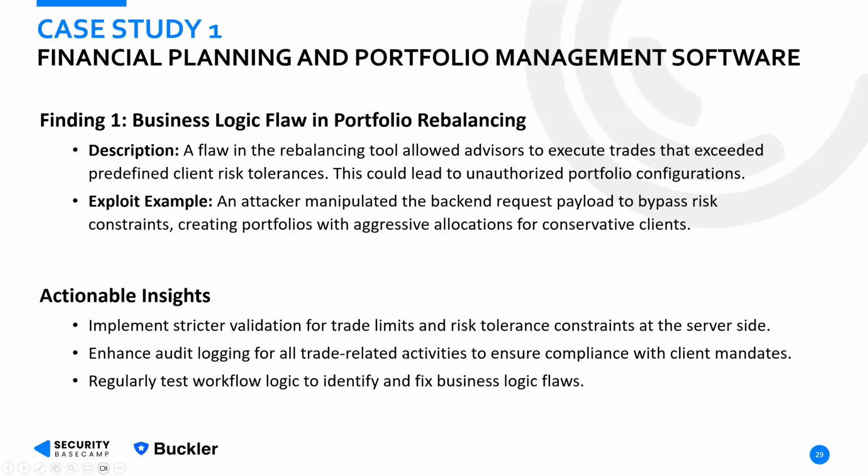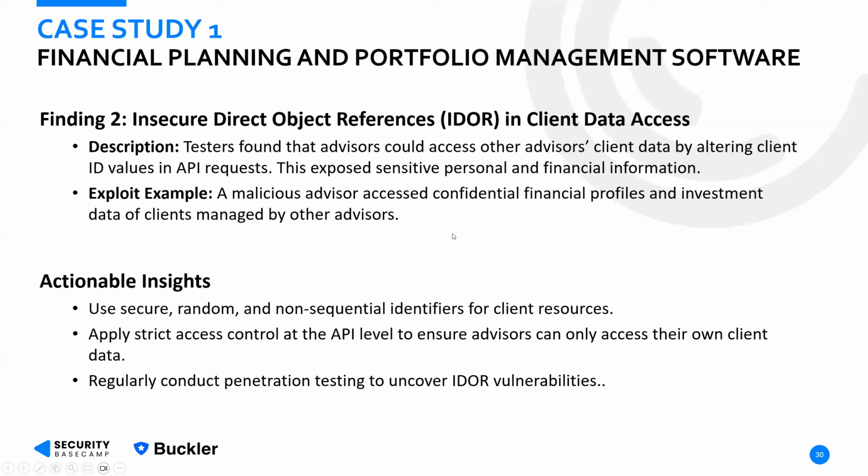So are alerts in place for all atypical portfolio rebalance activities taking place? Oftentimes, from a compliance standpoint, this is already happening because we're looking to supervise financial advisors and what trading activity is taking place, if they actually have the ability to do that. And then, making sure that we regularly test workflow logic to ensure that we fix such business logic errors.